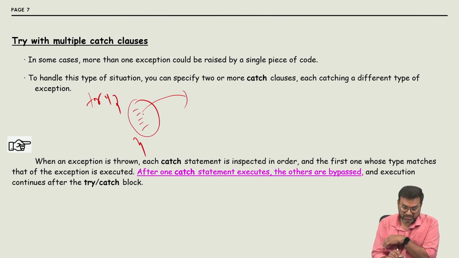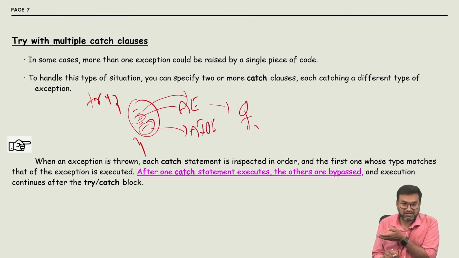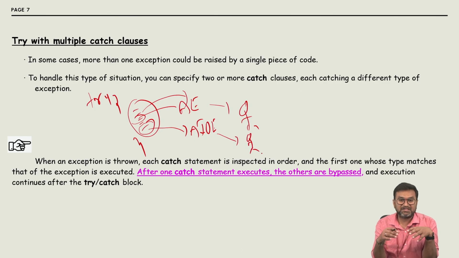If one statement is causing one kind of exception, for example arithmetic exception, then we have to provide the corresponding handler. If another statement is generating some other kind of exception, for example array index out of bounds exception, then we have to provide the corresponding handler. To deal with a specific type of exception, we have to provide the corresponding handler. That's why a try block can be followed by multiple catch blocks.